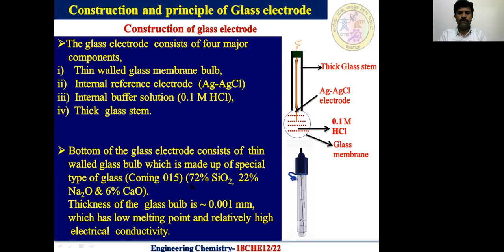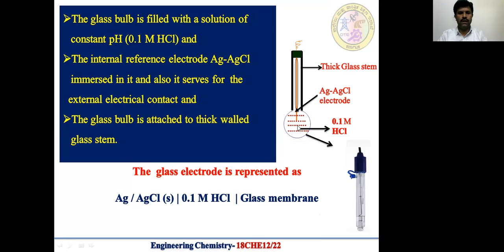The composition of the glass is 72% silica, 22% sodium oxide, and 6% calcium oxide. The thickness of the glass bulb is about 0.001 millimeter. This special type of glass has a low melting point and relatively high electrical conductivity.